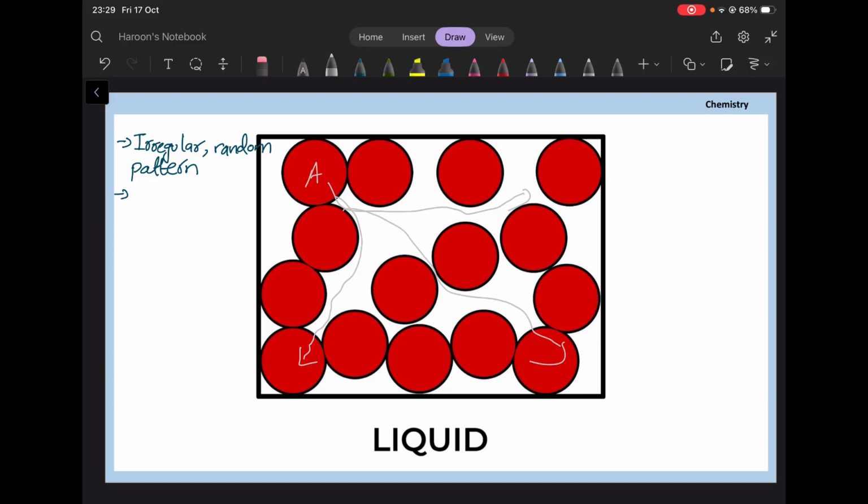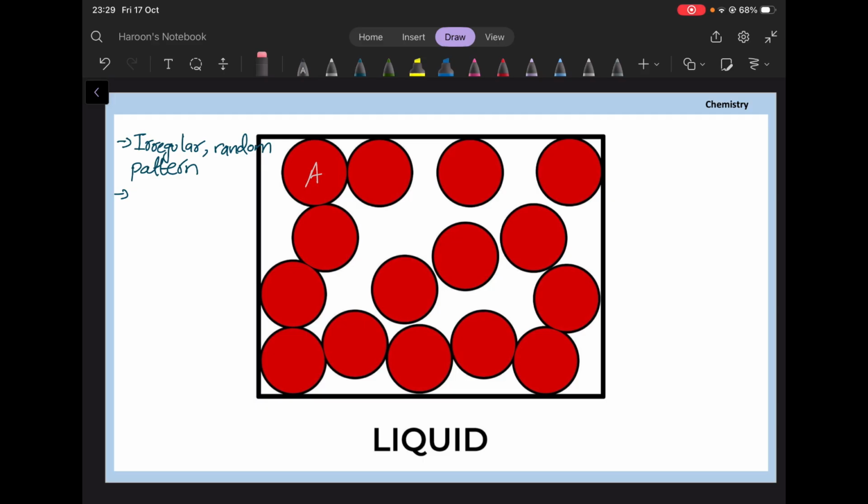So in a liquid, the particles don't really vibrate about their fixed positions as was the case for solids. They actually move around in the confined space. They can move around, right? This is in a container, so in this confined space, all these particles that you see can move around here and there.